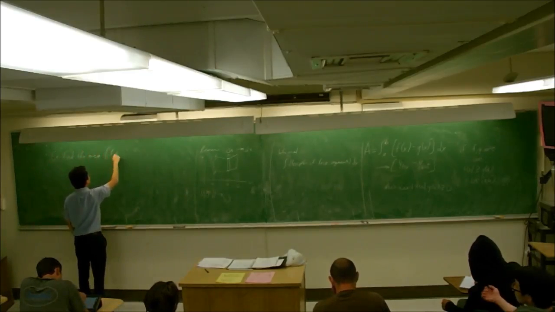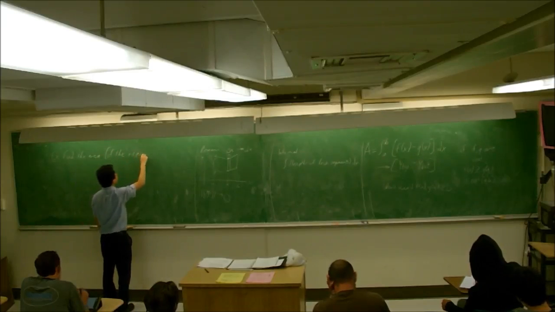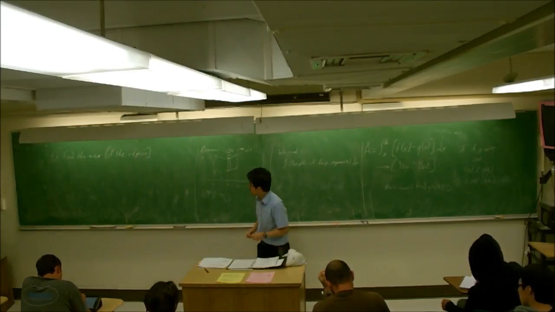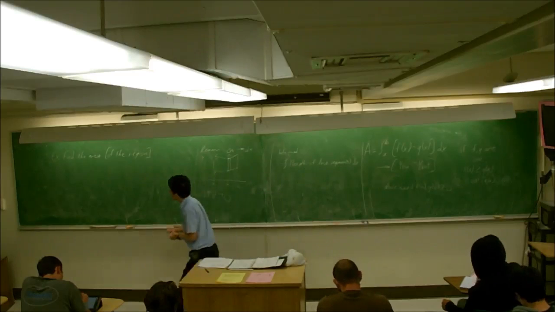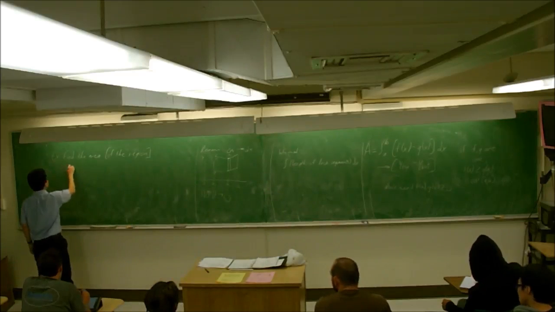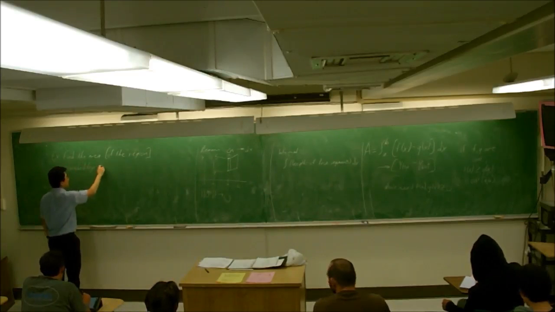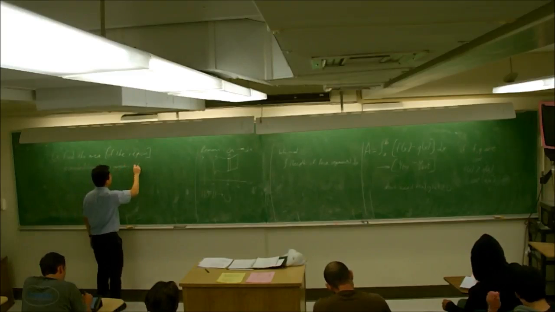This is the last time I'll write this. Find the area of the region. For convenience on the board, I'll dispense with that, but find the area of the region bounded by. Again, I'll dispense with this later. The graphs of. It goes without saying. The graphs of.